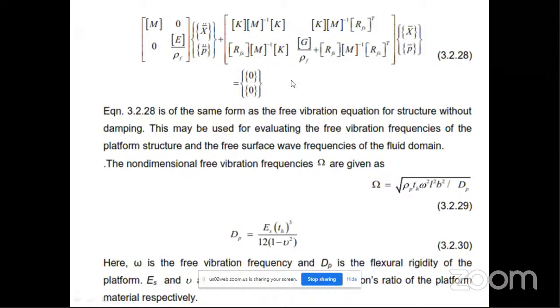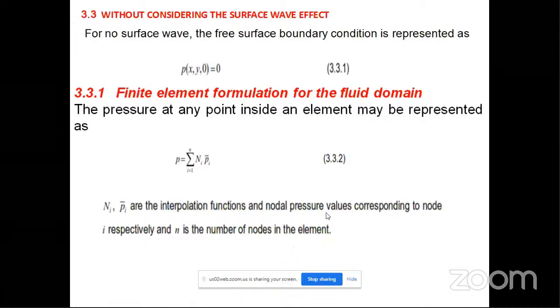And finally, I will get the equation in this form. This D P is the property of the plate. We call it the bending coefficient. And this lambda or omega, this omega is the non-dimensional free vibration frequency. This non-dimensional free vibration frequency we want to calculate.